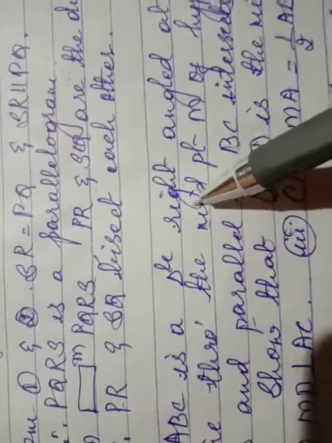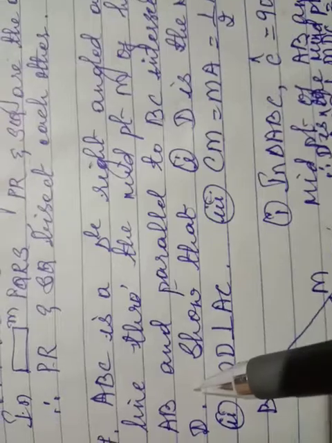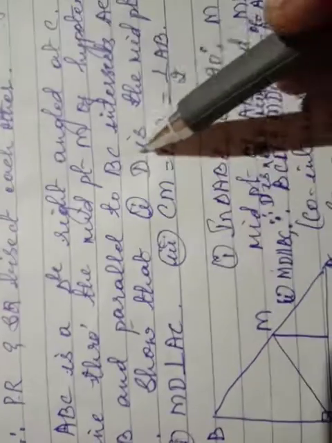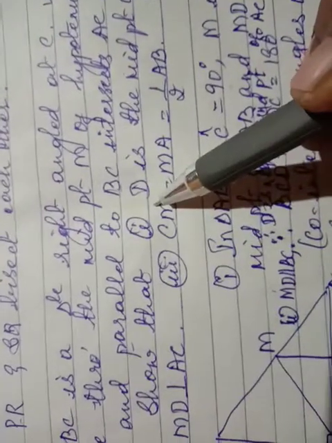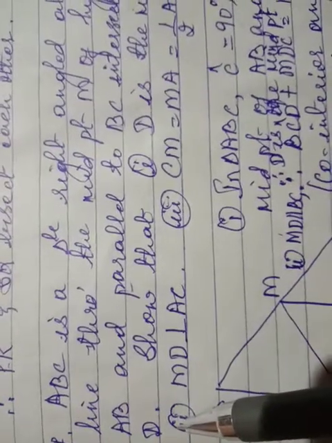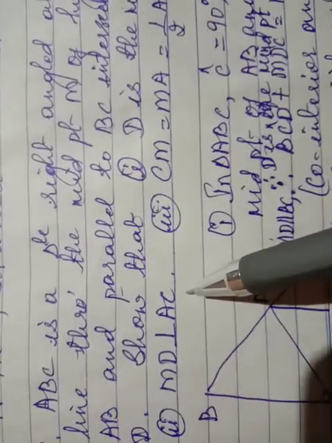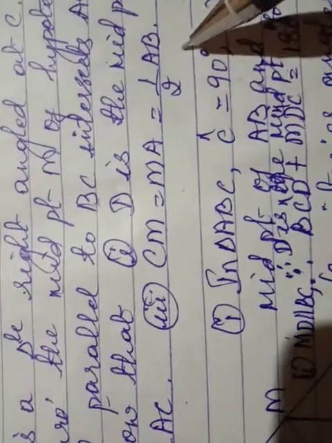Seventh is: ABC is a triangle right angled at C. A line through the midpoint M of hypotenuse AB and parallel to BC intersects AC at D. Show that D is the midpoint of AC, MD is perpendicular to AC, and CM is equal to MA is equal to half of AB.